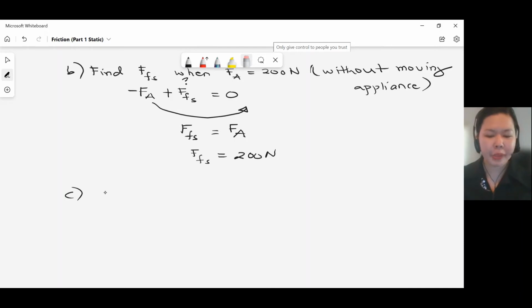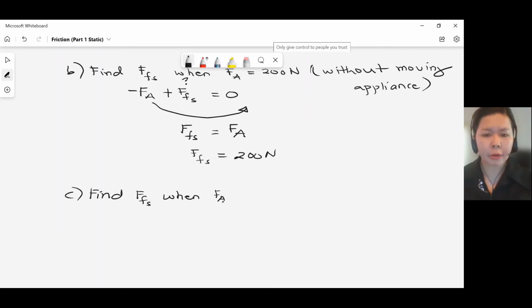For letter C, we are to find the static friction, or static frictional force, when a maximum pushing force is applied, before it starts to move.